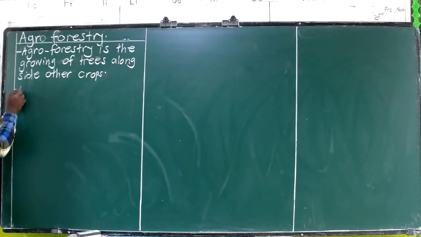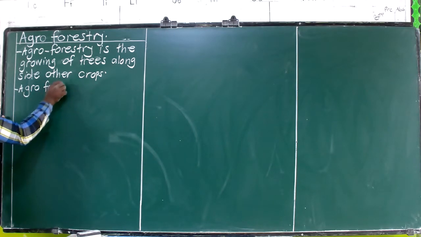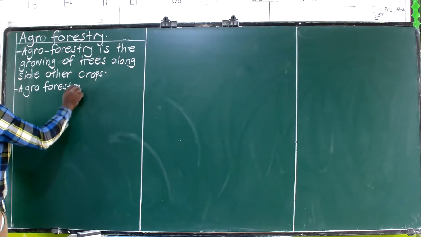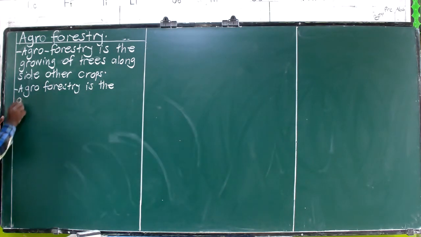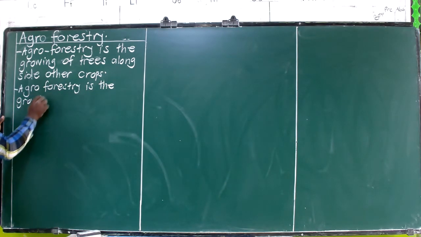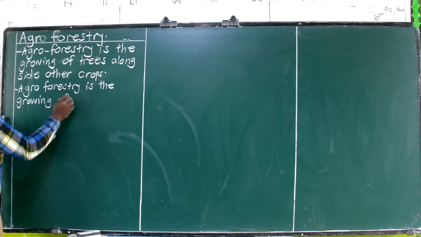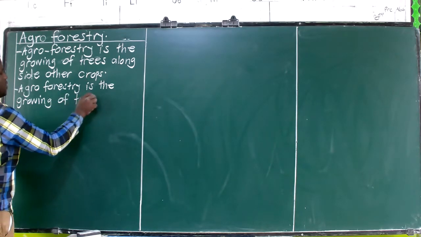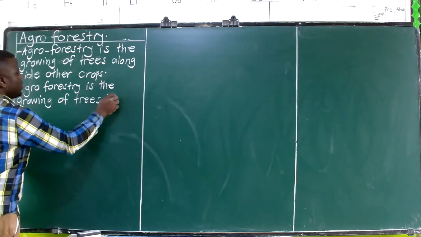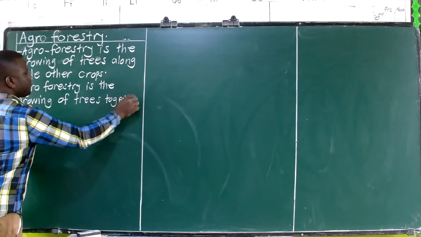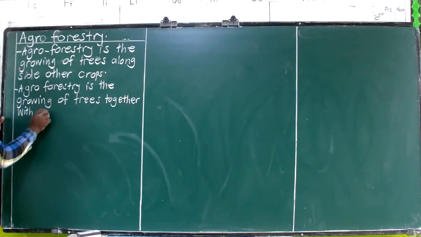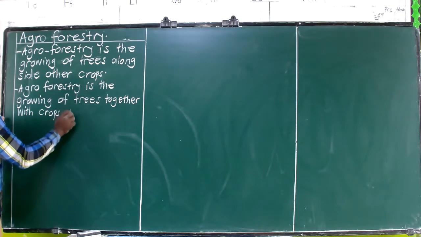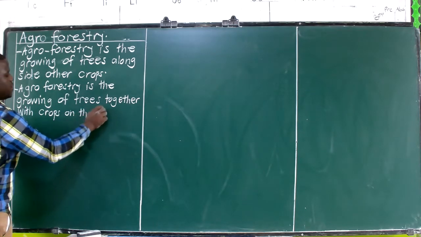You can also say agroforestry is the growing of trees together with crops on the same piece of land.